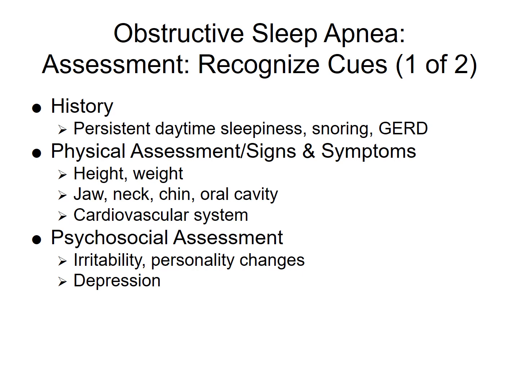Psychosocial assessment, as usual, I always say that two things you will always experience in nursing, in any area of nursing, is mental health and med-surg. Those are the two, always. So with persistent OSA, the patient can become irritable and have personality changes, such as become depressed and lose interest in social activities.